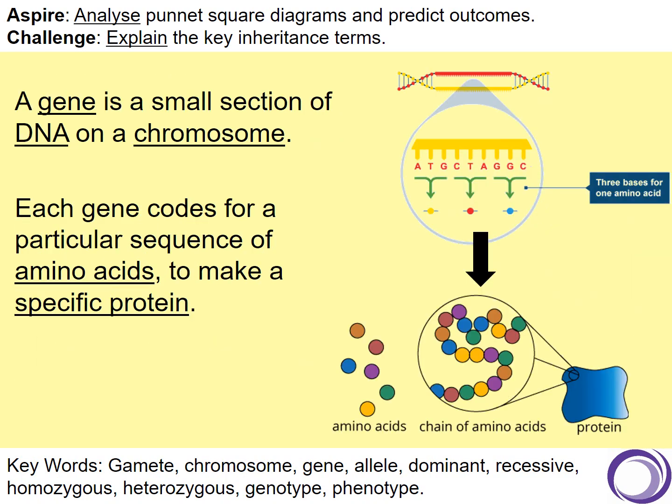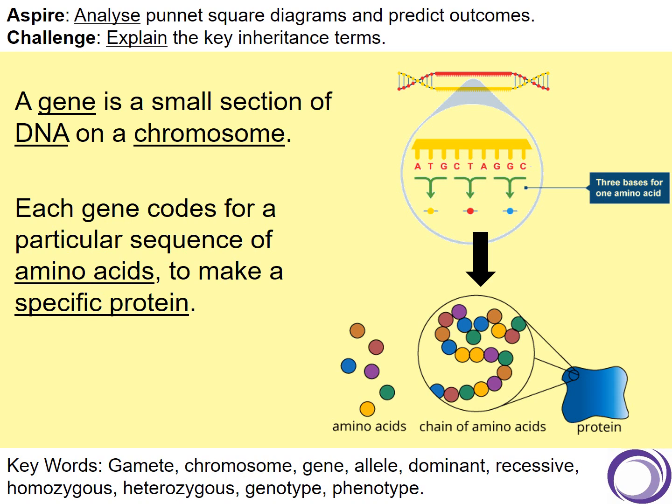A gene is a small section of the DNA on a chromosome. And each one of those genes codes for a particular sequence of amino acids, which makes up a specific protein. So if you look at the diagrams, at the top you've got this twisted double helix of DNA.